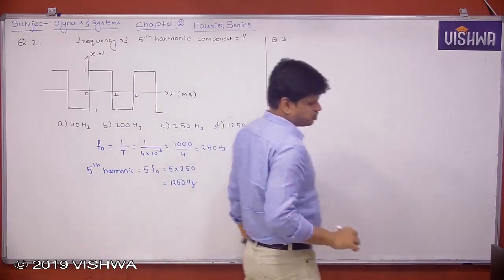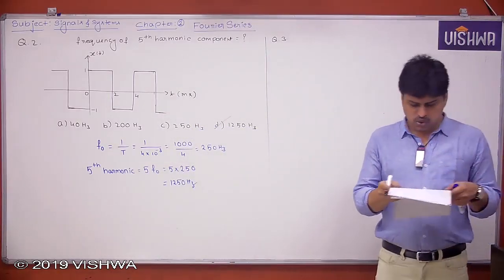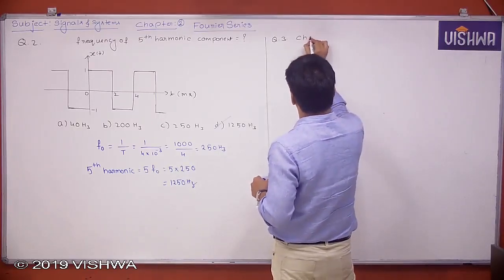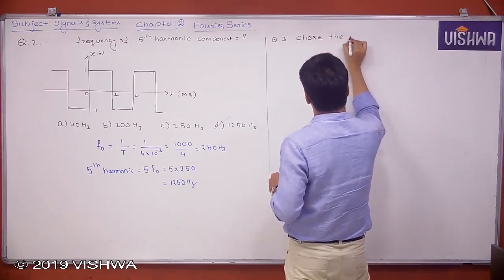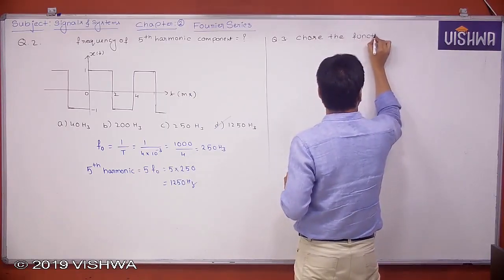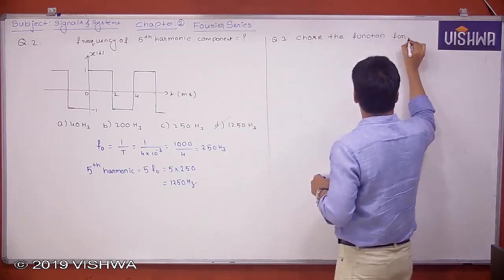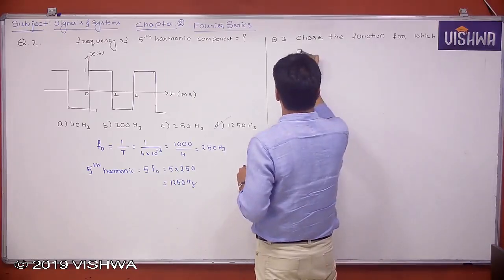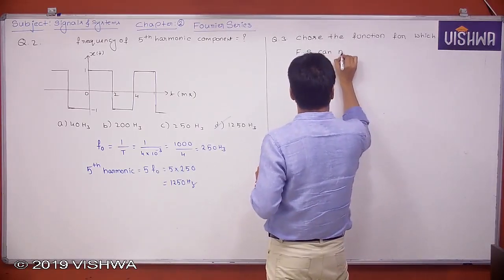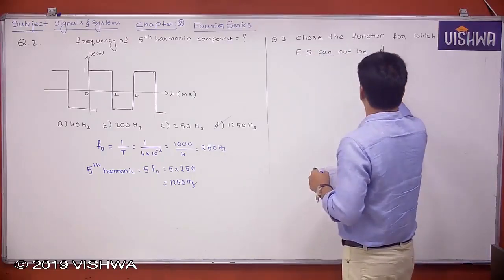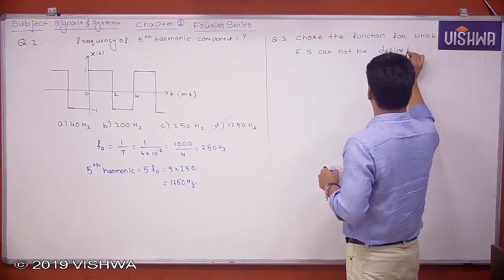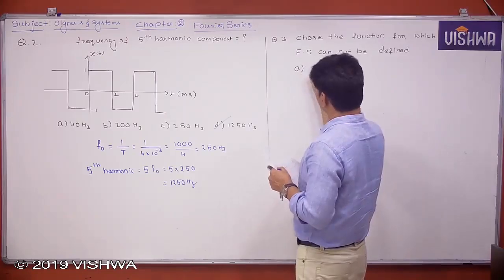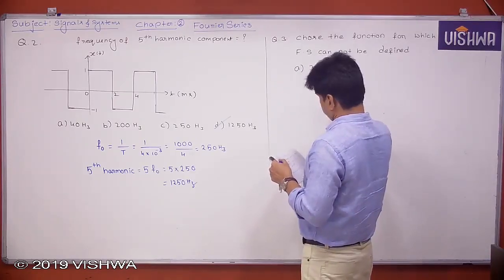Question number 3. Choose the function for which Fourier series cannot be defined. Options: Option A, 3 sin 25t.